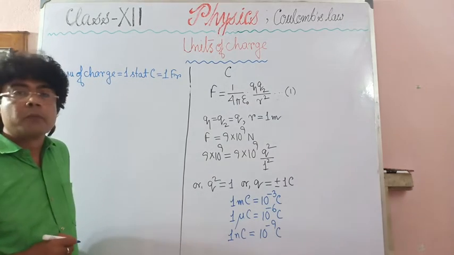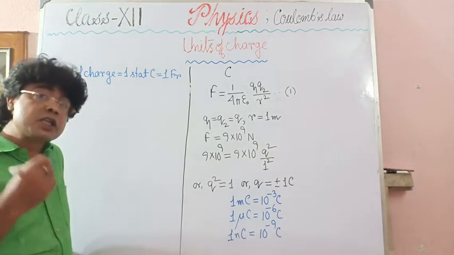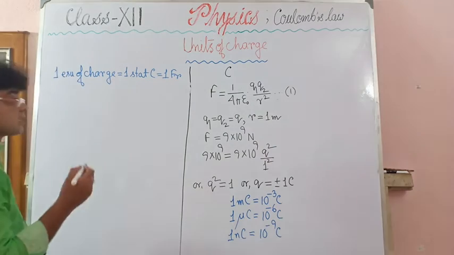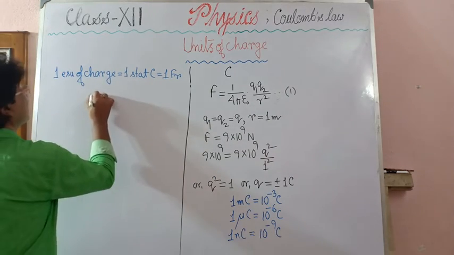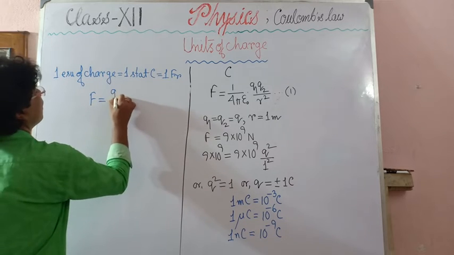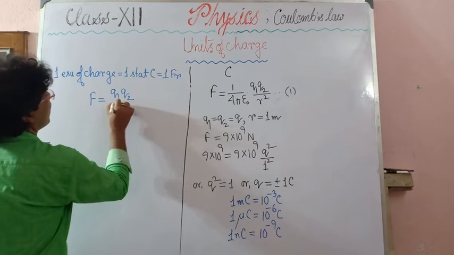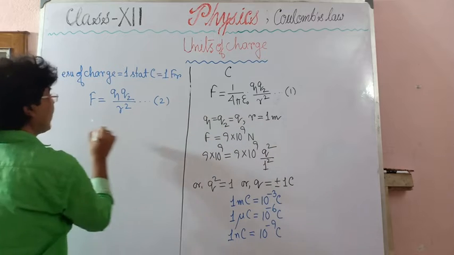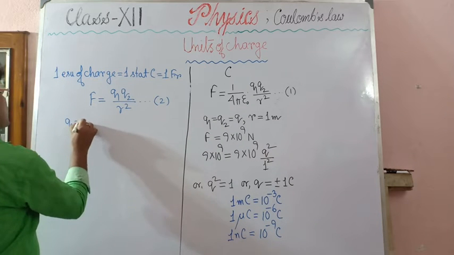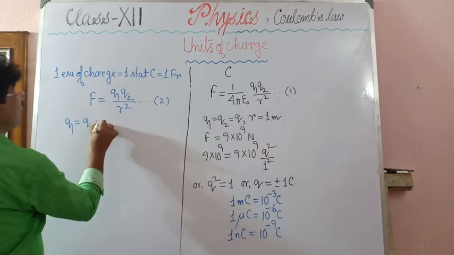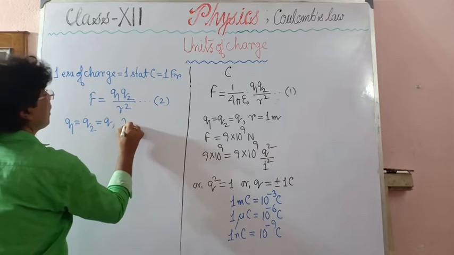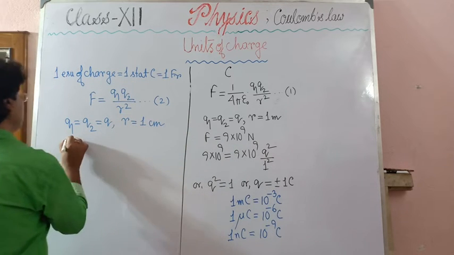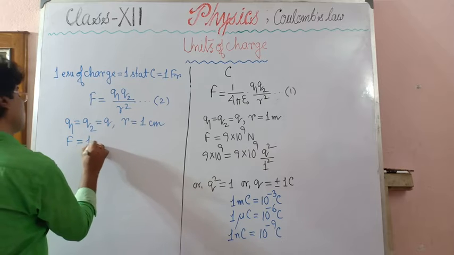Coulomb's law in the CGS system for vacuum is expressed as F equals Q1 Q2 by R square. Let Q1 equals Q2 equals Q, R equals 1 cm, F equals 1 dyne.